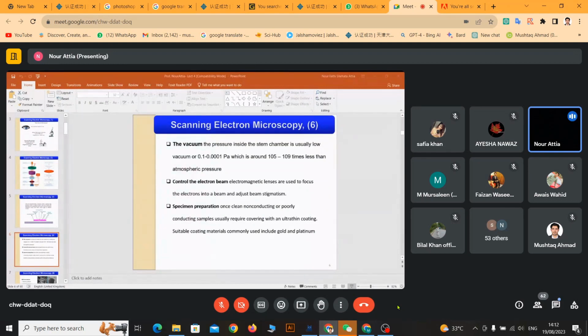Usually it is gold or platinum, sometimes carbon. It depends on the coating machine facility in your lab, but mainly gold and platinum to make the surface conductive. That's why you can see a high resolution image. If there is no coating, then your image will not be good.